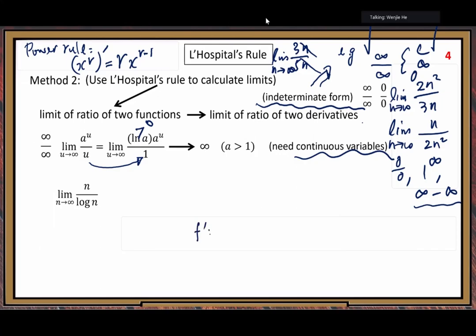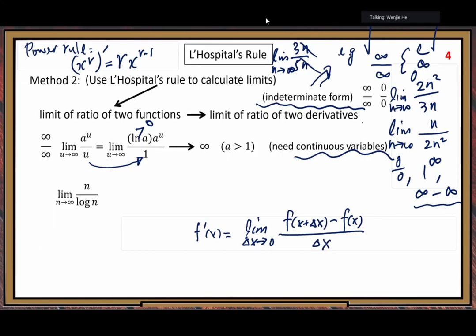F prime of x, the derivative, right? What is the definition of derivative? Limit as delta x goes to 0 of f of x plus delta x minus f of x, over delta x. That's the definition of derivative.